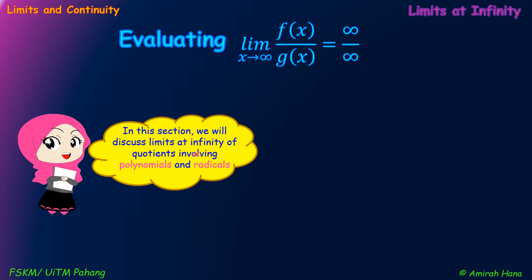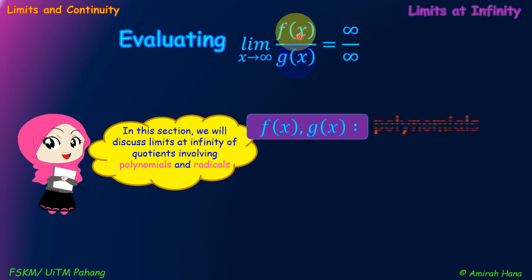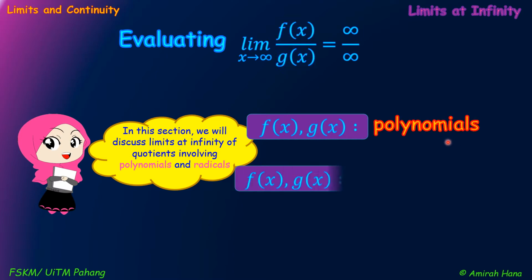In this section, we will discuss limits at infinity of quotients involving polynomials and radicals. First, if f(x) and g(x) are polynomials, and second, if f(x) and/or g(x) are radicals, right?